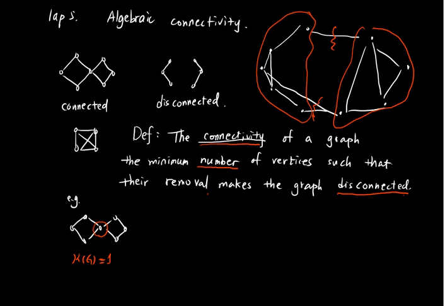And I forgot to mention that this connectivity is denoted by kappa of G. So kappa of G of this graph is equal to 1, because you take out the single vertex at the middle, then it becomes disconnected. And how about this one? For a disconnected graph, if you take out none of the vertices, kappa of G is equal to 0, because you don't have to take out any vertex, it is already disconnected.